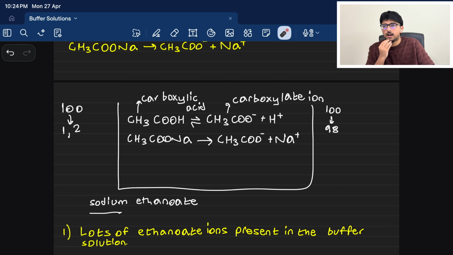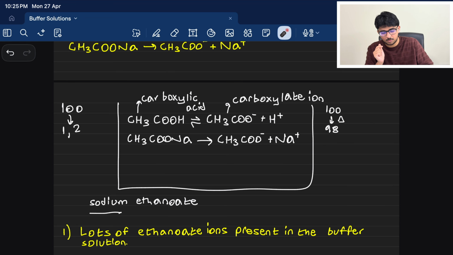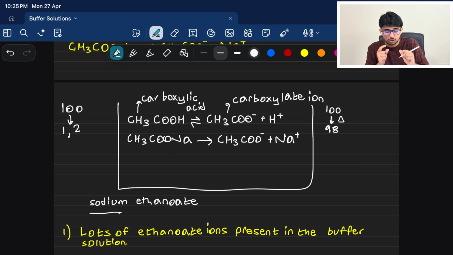It's the same thing as starting with 100 ml of water in a glass and ending with 98 ml. It doesn't make any difference. It's almost the same thing. So we say that the change in the ethanoic acid molecules, why did this change happen? Because remember, some of them dissociated. So this change in the ethanoic acid molecules is negligible.